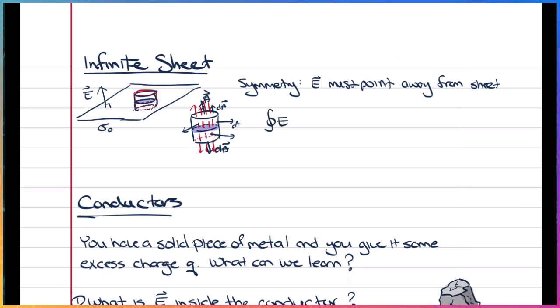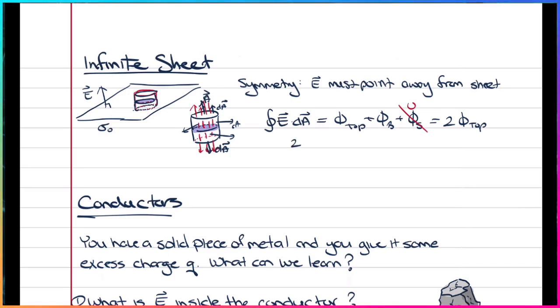So then the total flux is going to be the flux through the top, flux through the bottom, and flux through the sides. In this case, it's the side that's 0. And it's the top and the bottom that have flux. And by symmetry, it looks like it's just going to be 2 times the flux through the top, say.